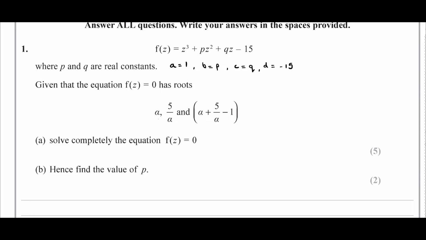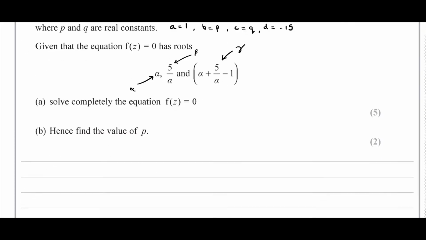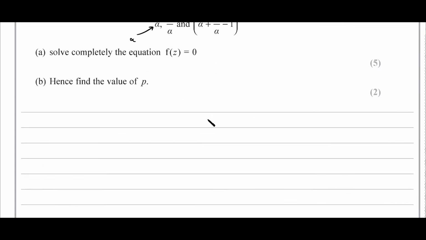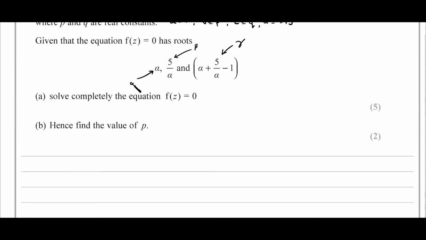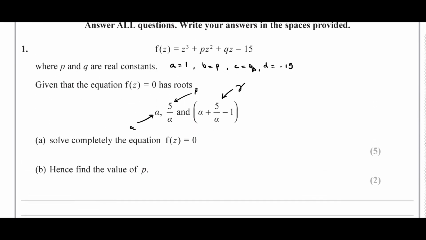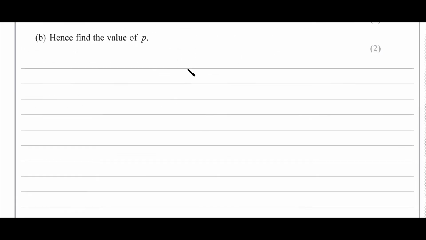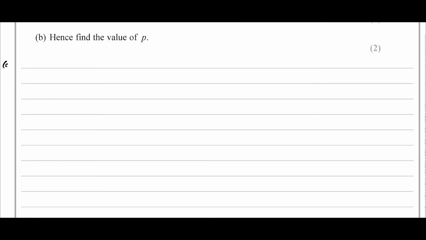And just for clarity, because we have 3 different roots over here, I will label these roots alpha, beta, and gamma. So beta over here is 5 over alpha, and gamma is alpha plus 5 over alpha minus 1. So with that being said, we can use the product of alpha, beta, and gamma equaling minus d over a.